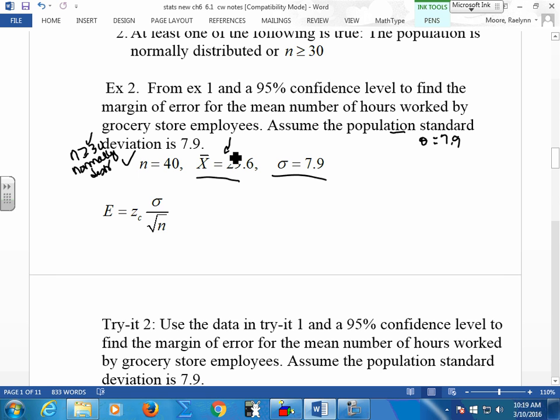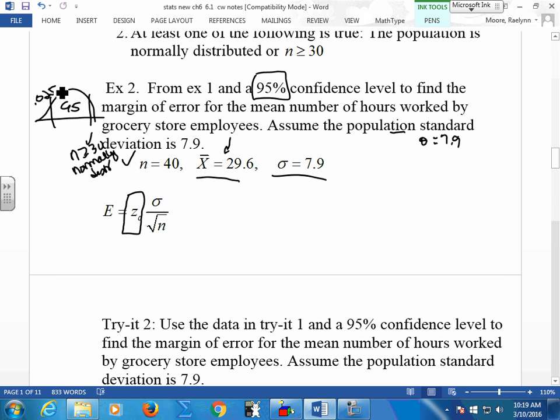All right, so now all you have to do is put it into this formula. ZC comes from your table for 95%. So say we don't have our table handy. We say in between here is 95%. These add up to 5, so this is 0.025.